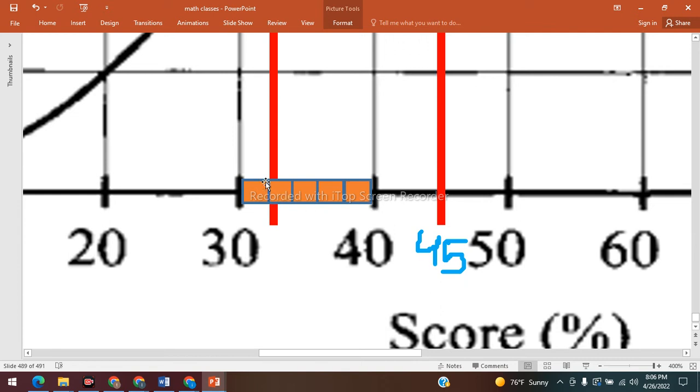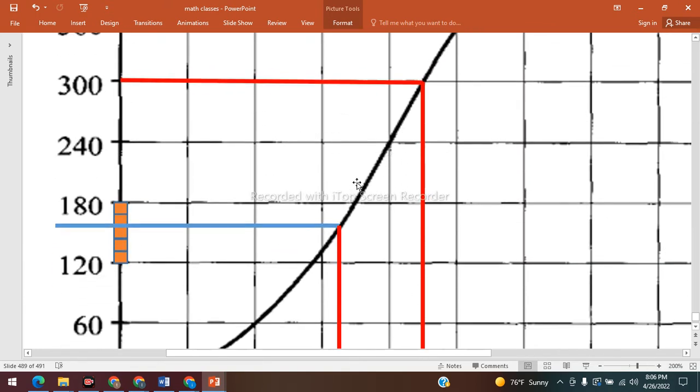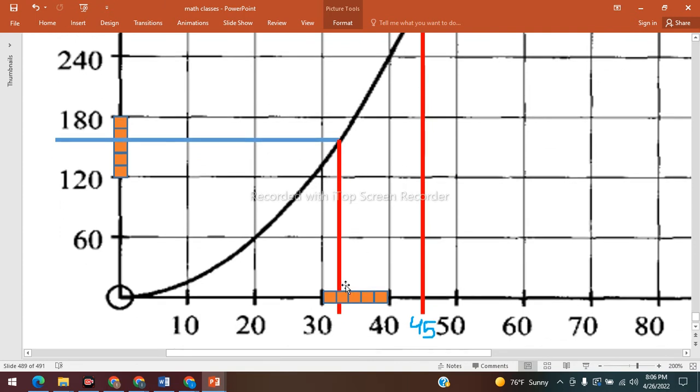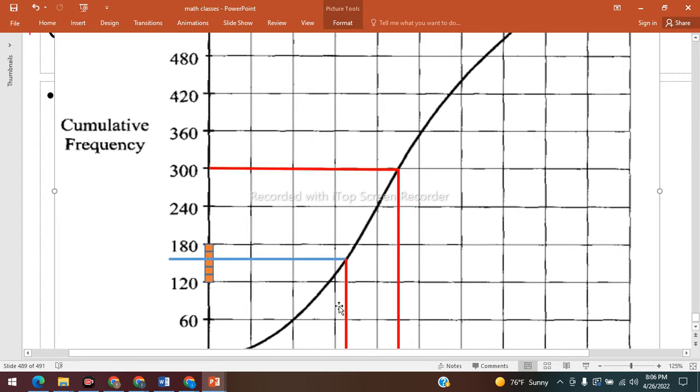So if this is 32, 32 is right here. The very next thing is 33. So this must be 33. You see what I'm saying? Yes, sir. So that's 33. It's more 33 than 32. That's what I was trying to figure out: is it more 32 or more 33? But it's 33 more so.